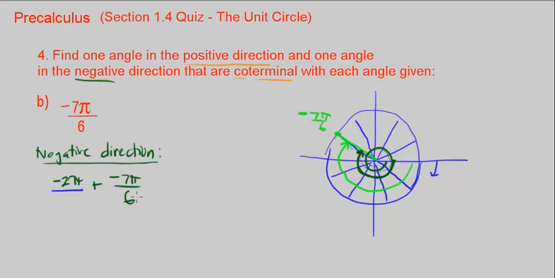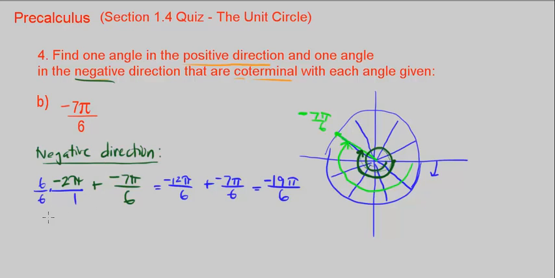So find a common denominator. We know it's over 1 right now, so multiply by 6 over 6 to get the common denominator of 6, right? So we get negative 12 pi over 6 plus negative 7 pi over 6. Add those together, you get negative 19 pi over 6, and that's in the negative direction, okay?